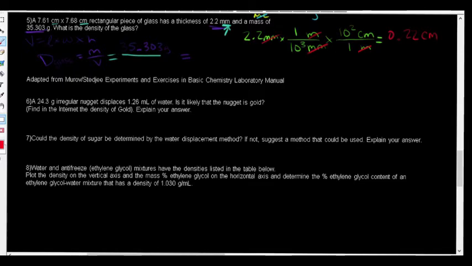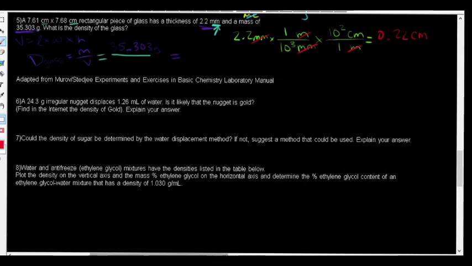Cool. So we have that times. Let's do this down here. All right, you know what? Sorry for this. I'm just going to stack them, okay? 7.61 centimeters times 7.68 centimeters. Now remember, it's not like addition.